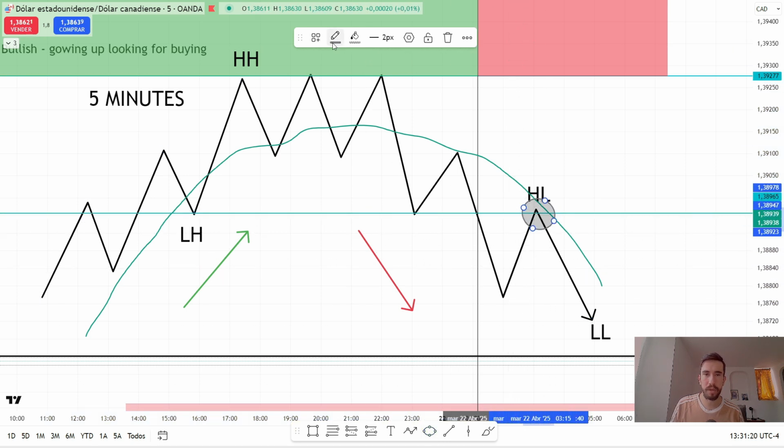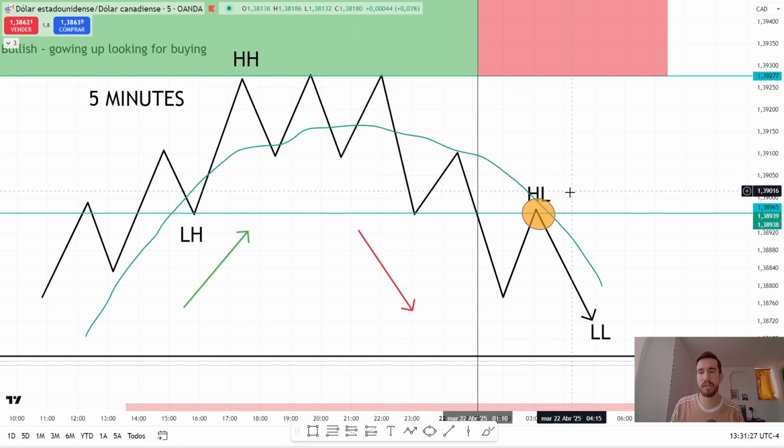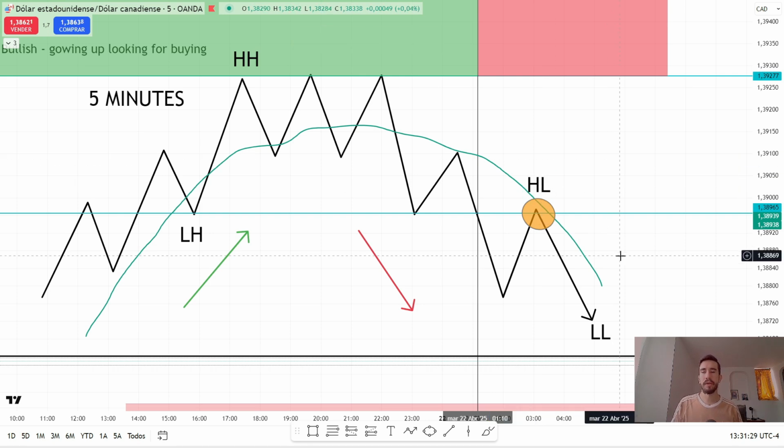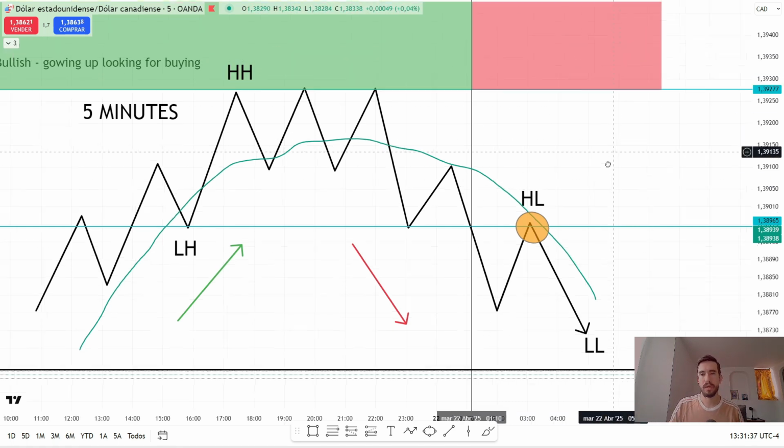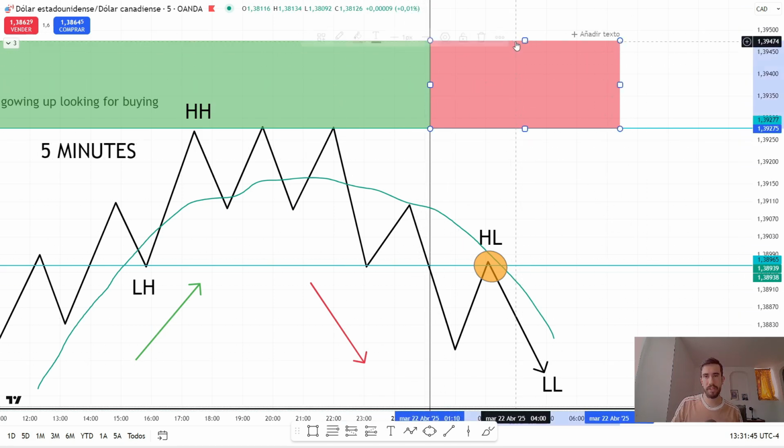This is the golden point. This is the golden ticket. I'm talking bullshit. There's no such thing as a golden strategy. But this is the more logical spot where you want to put your trade.